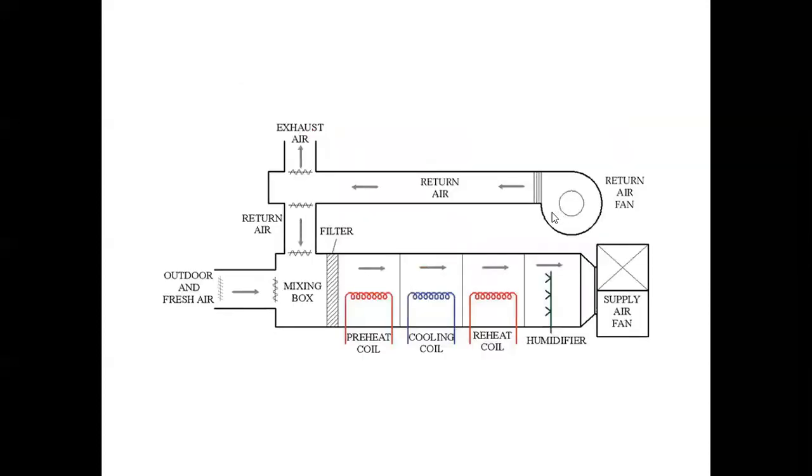This figure represents the HVAC system more simply. So outdoor fresh air enters. Here pre-filters are provided, then a preheat coil, a cooling coil, a reheat coil, then a humidifier, and here is the supply air fan. Once the air is utilized, it is returned with the return air fan.